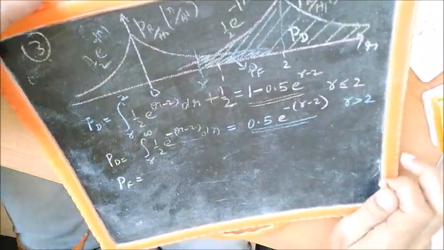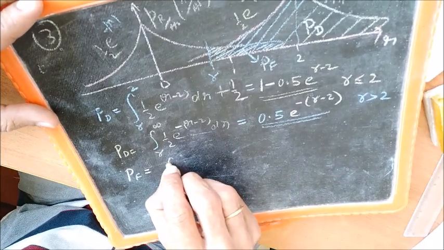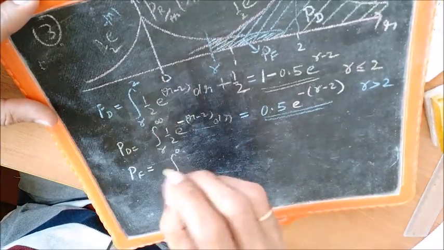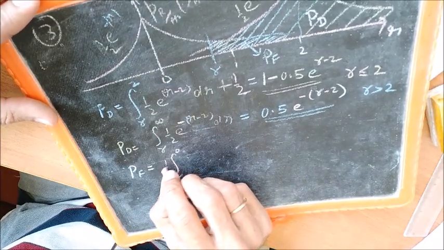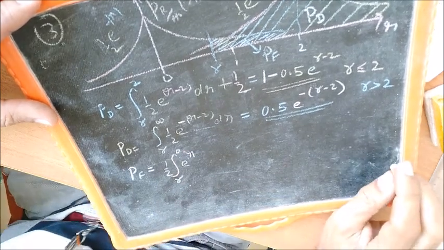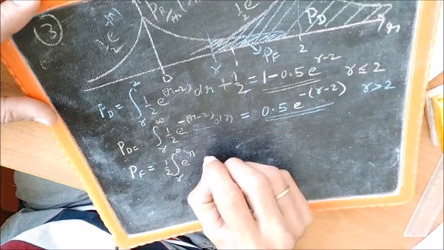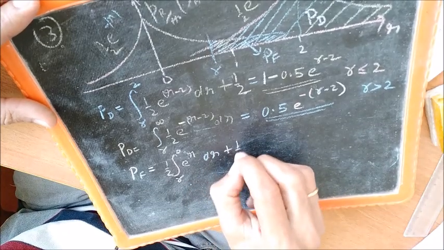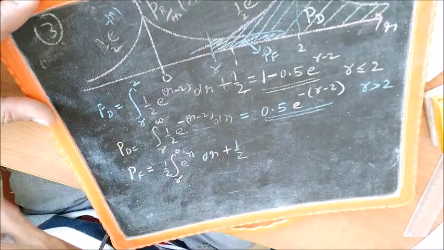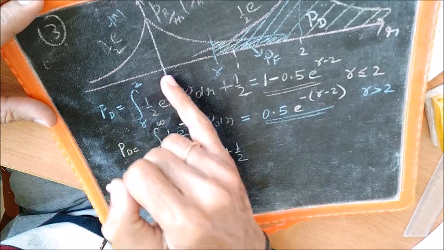So if gamma is less than 0, the probability of false alarm will be the integral from gamma to 0 of 1 by 2 e power r dr, plus 1 by 2. The plus 1 by 2 again comes because you are integrating from gamma, which is assumed to be less than 0, to 0, and then 0 to infinity.